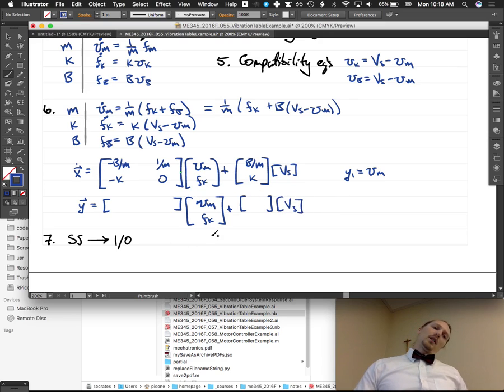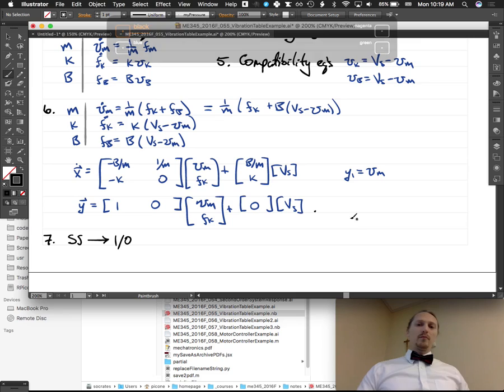And writing this equation in this form, what is the coefficient of Vm? 1. What is the coefficient of Fk? 0. Wonderful. Okay.